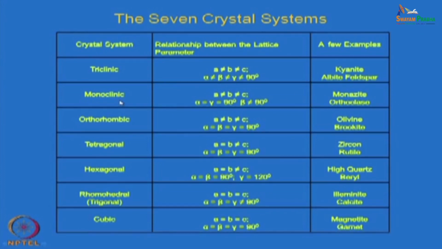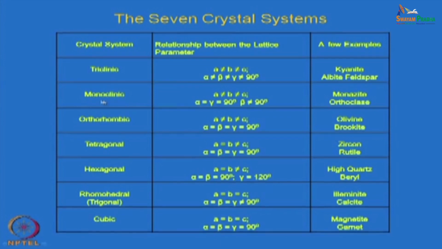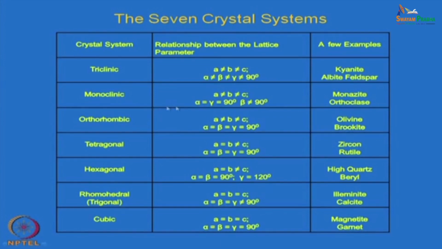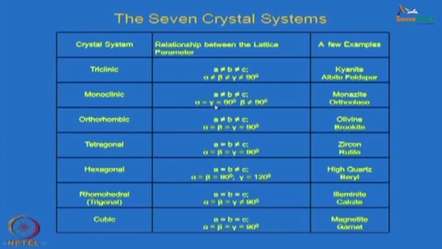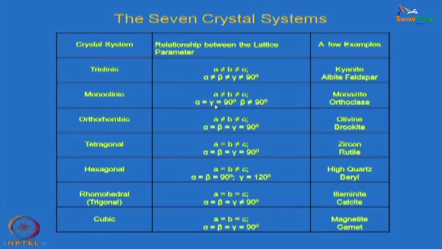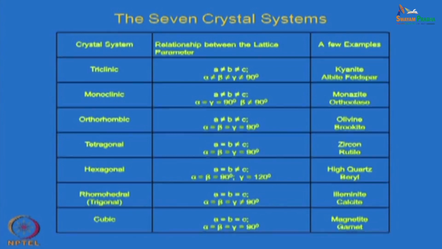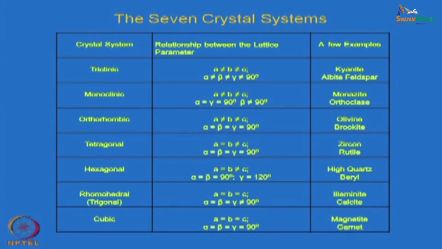Okay. So, then we come to the second system, it is called monoclinic. The diagram or the axis relationship has been given in the previous slide. Here it is A not equal to B not equal to C. Once again the unit vectors in 3 different directions are not equal, they are all different. Alpha and gamma are equal to 90 degrees, whereas beta is not 90 degrees.